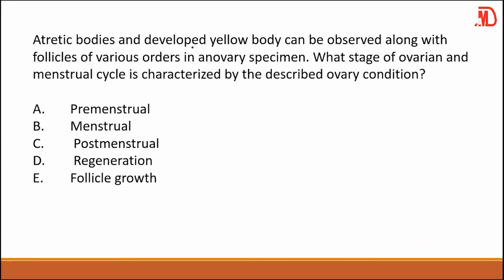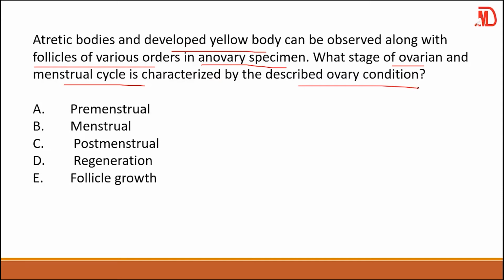Atretic bodies and developed yellow body can be observed along the follicles of various orders in an ovary specimen. Okay, what stage of the ovarian and menstrual cycle is characterized by the described ovary condition? Now, you know that there are 4 phases of the menstrual cycle.